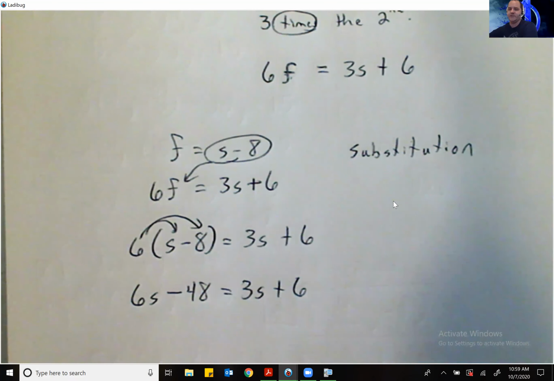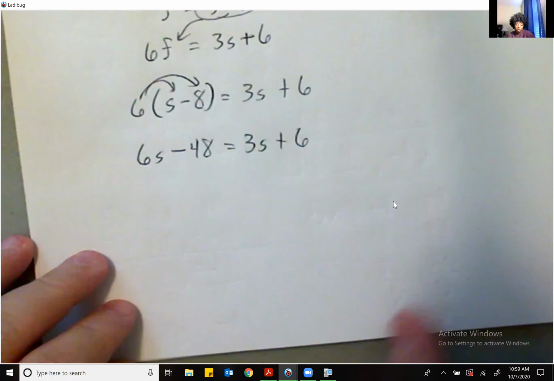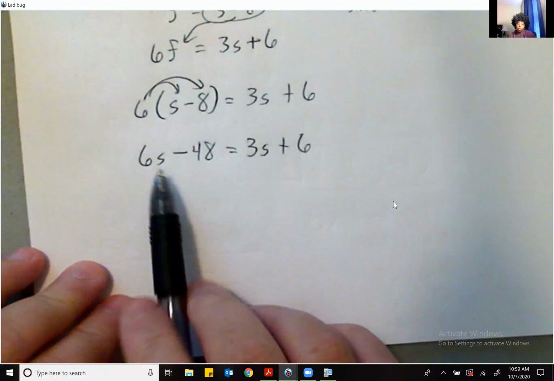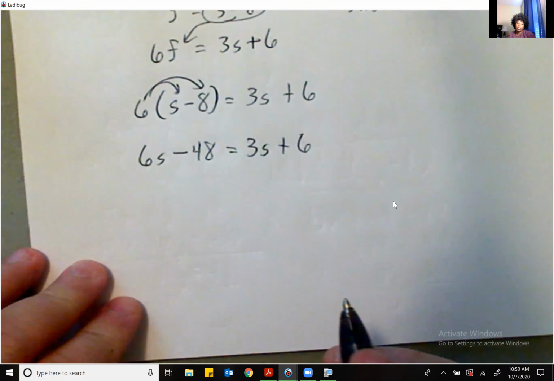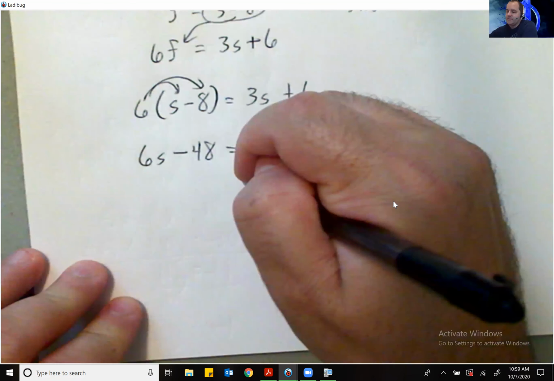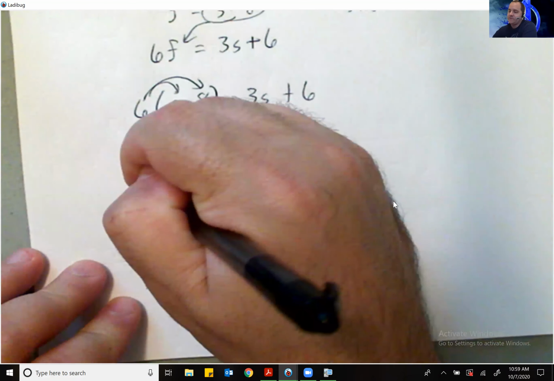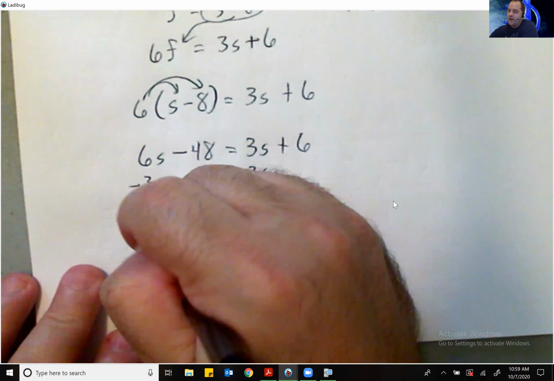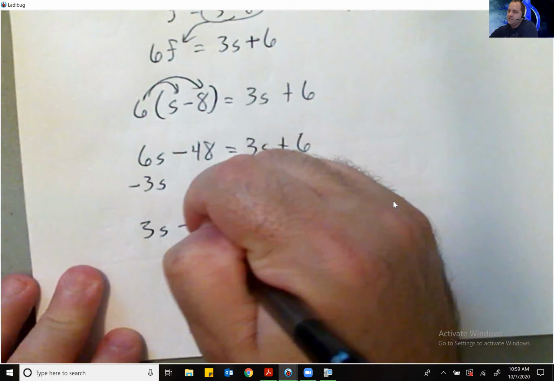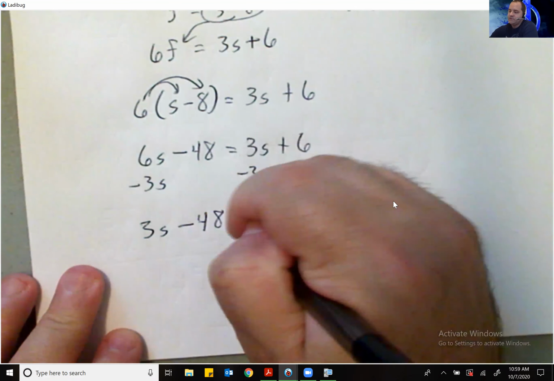Tell us what we want to do with this. Subtract 3S on both sides. Yeah, I always like to move my variables over here to the left. So 6S minus 3S gives us 3S minus 48 equal to 6.